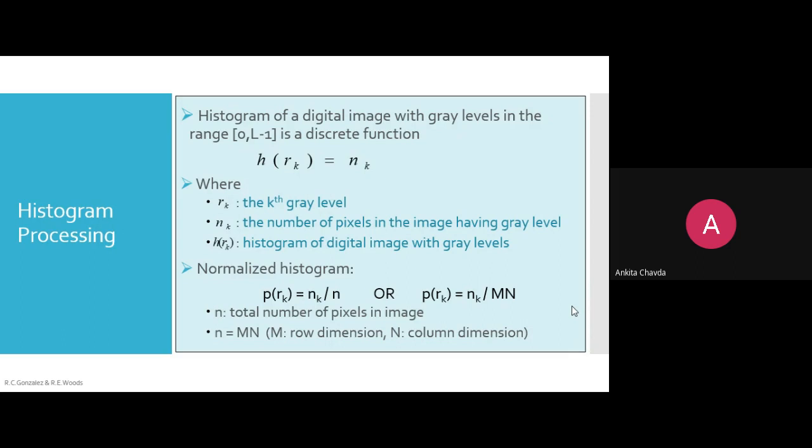So 55 pixels have intensity 0. Simple. Where rk is the kth gray level, right? 0th level, first level, second level, up to 255, if it is an 8-bit image. Then nk is the number of pixels in the image having that gray level, and h of rk is the histogram of the digital image with these gray levels.